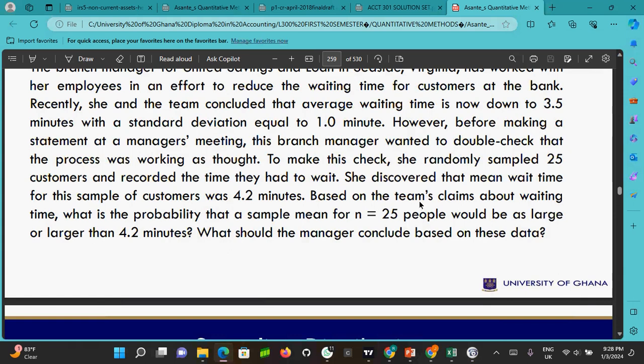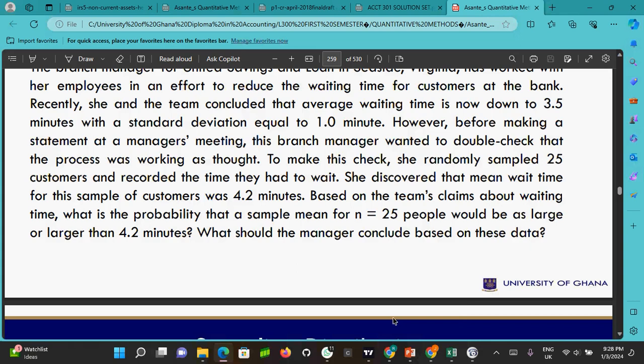Based on the waiting time, what is the probability that a sample mean for 25 people would be as large or larger than, so greater than or equal to? You get it? So after that, for greater than or equal to, you take it out of 1.